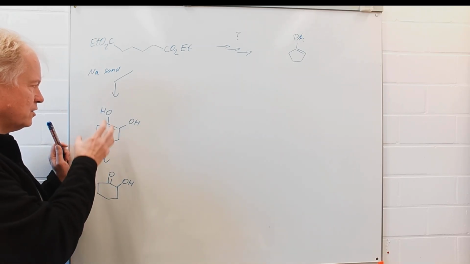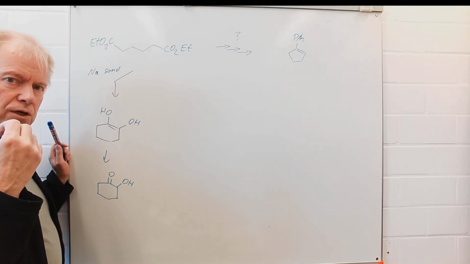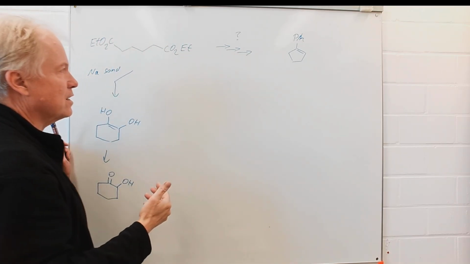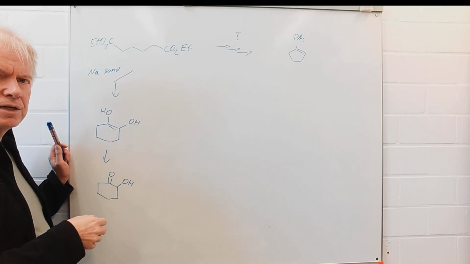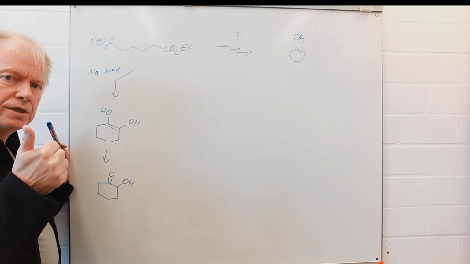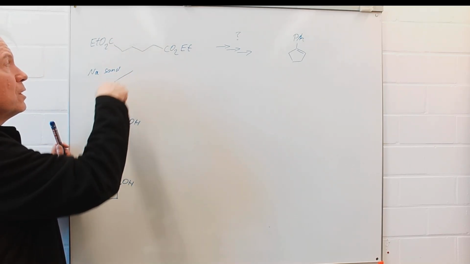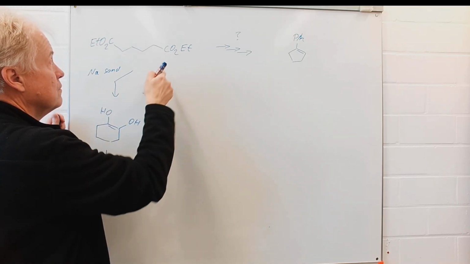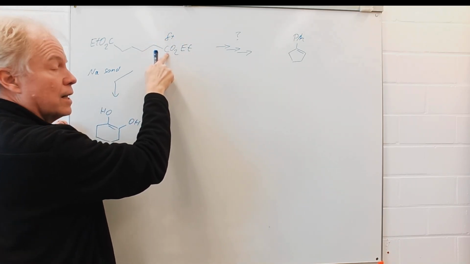Well, if it doesn't work with radicals, then the only way to get this transformation initiated is a polar reaction, and therefore we need an electrophilic and a nucleophilic center. So how about electrophilic centers herein? Well, yes, we have here the carbonyl carbon.